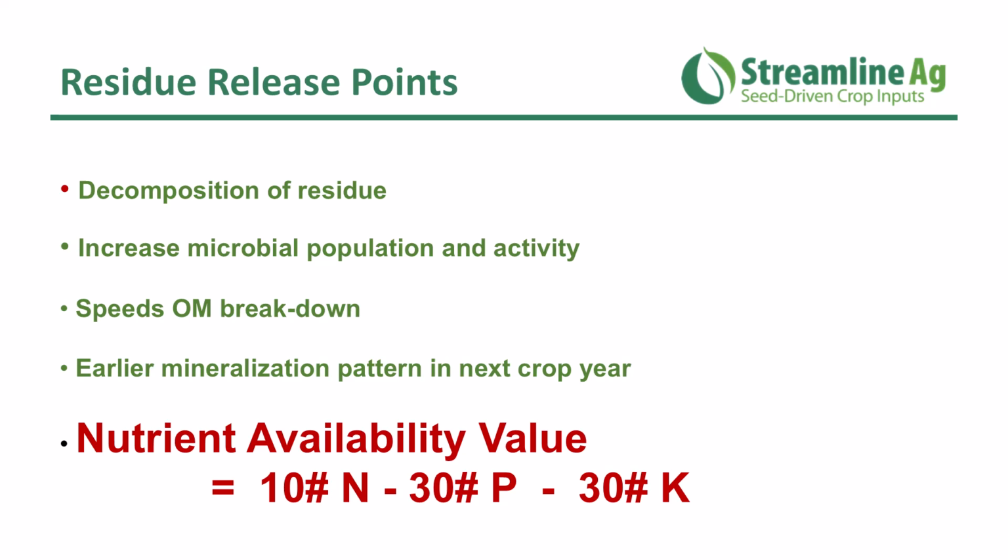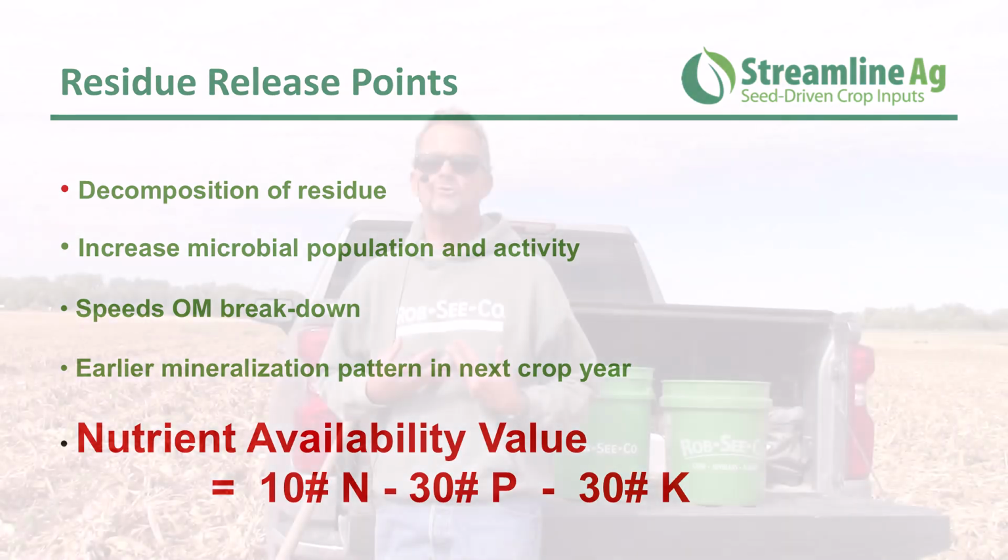What happens is if we can increase the decomposition of the residue this fall, it breaks down into consumable sugars that the microbes and macrobes of the soil then can ingest for their energy source. They increase the microbial activity and health of the entire soil system. Then you're able to break down organic matter into uptakeable nutrients for your crop.